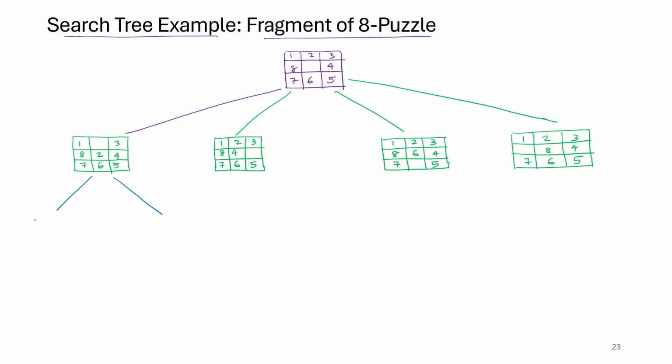Okay. So, the first puzzle is 1 3 8 2 4 7 6 5. In this case it will be 1 3 8 2 4 7 6 5 like this.